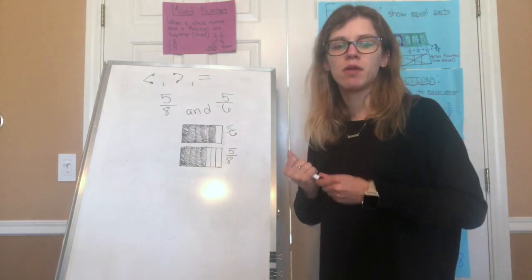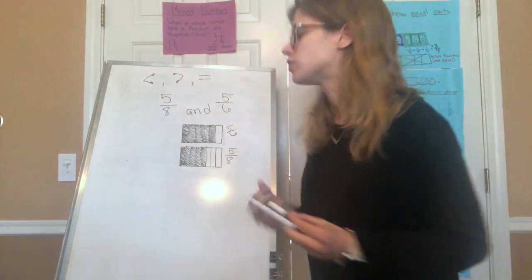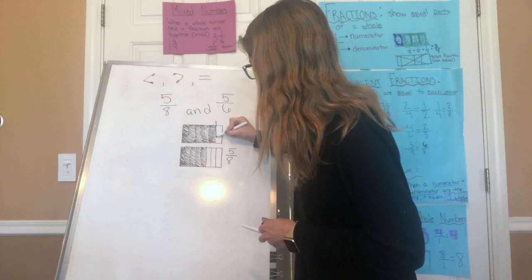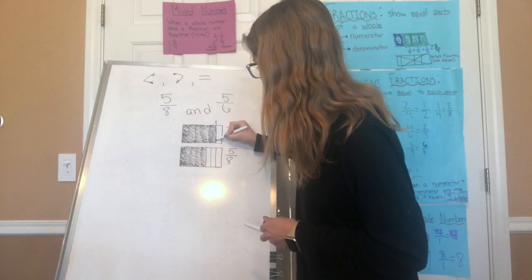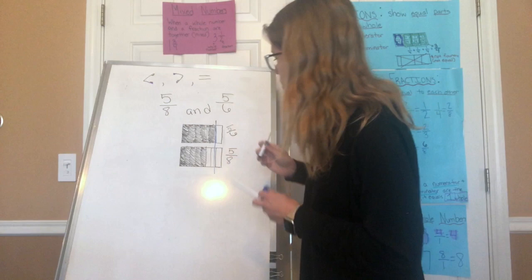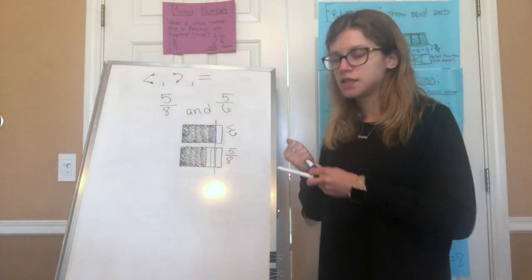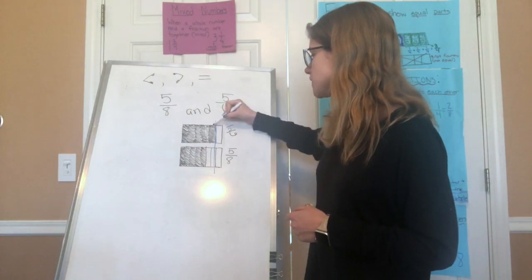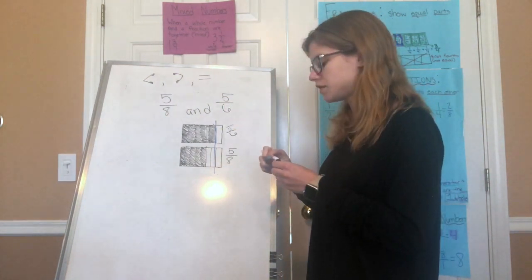So now I'm going to compare my 2 fractions by drawing a line right down from where 5/6 is. And what I can see is that more is shaded in with 5/6 than 5/8.